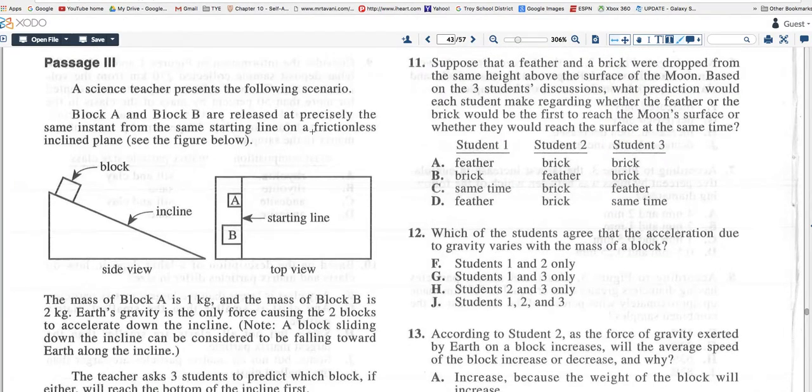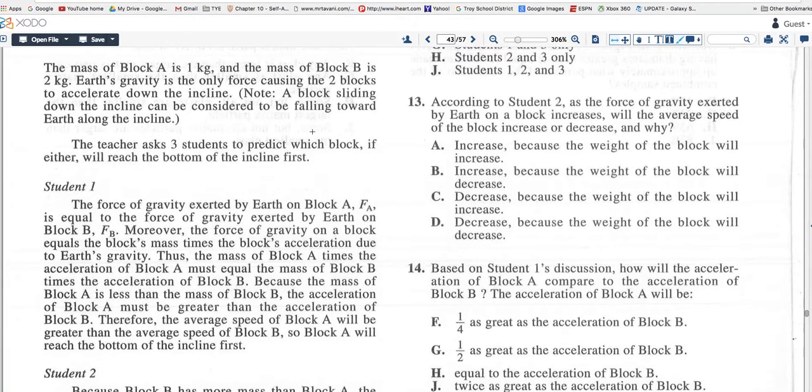All right, so 11. I'm going to first go down and find my indicator. It says student 1 right there. So when it says student 1, what does that mean? Isn't it conflicting? Yes, it is a conflicting hypothesis.